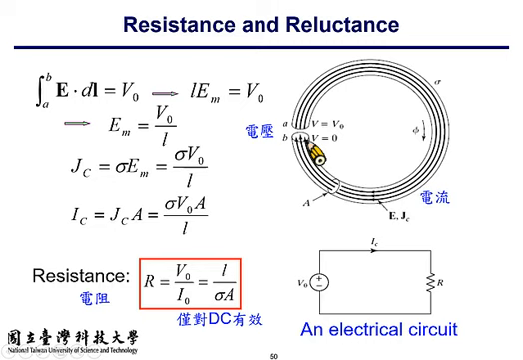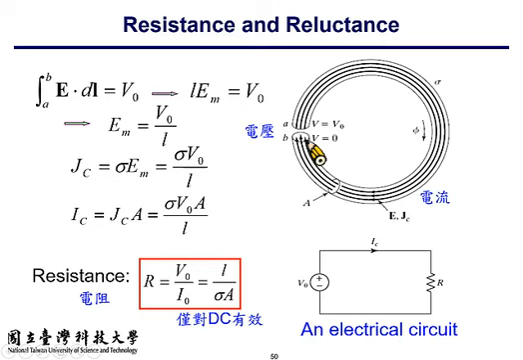Using this expression, you can find the relation between the current I and the voltage V, which equals sigma times A over L. And we know that the ratio of voltage over current is the resistance.